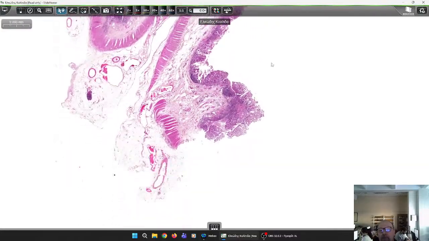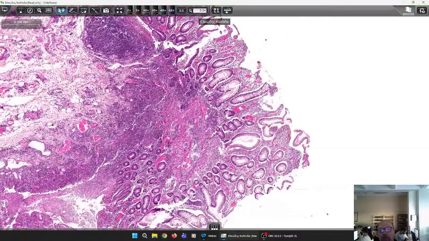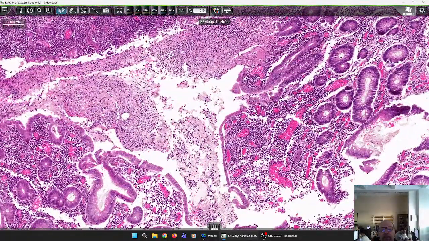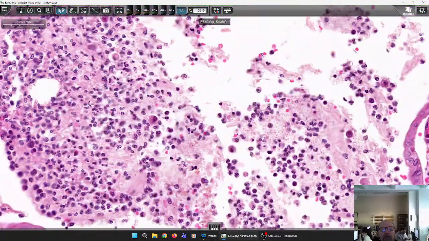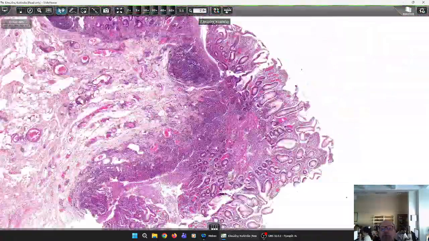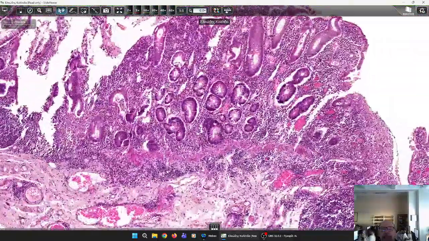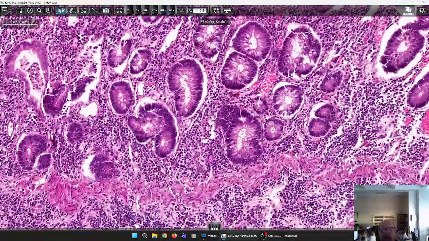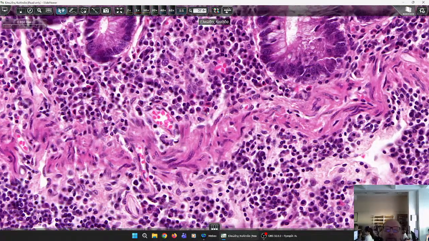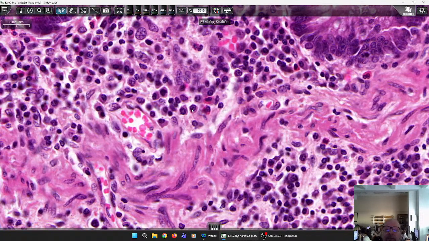So let's have a look at this inflamed mucosa. Here we have some sort of activity because there is a collection of neutrophils. However, close to the muscularis mucosae, we see some eosinophils and plasmacytes.